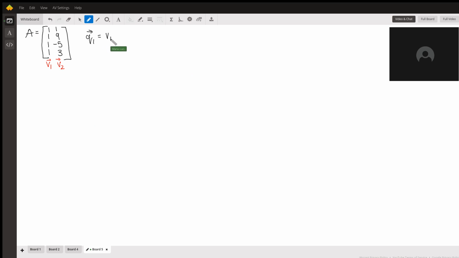V1 is 1, 1, 1, 1, and the magnitude of V1 is the square root of all the components on the inside: 1 squared plus 1 squared plus 1 squared plus 1 squared, which is just root 4, which is 2. So it's 1 over 2 times that vector, and this is Q1. So we're halfway done.